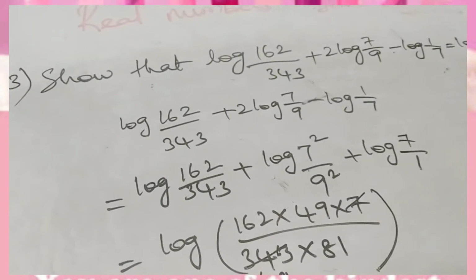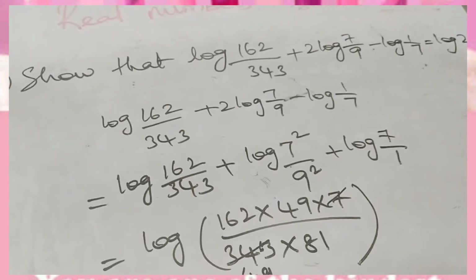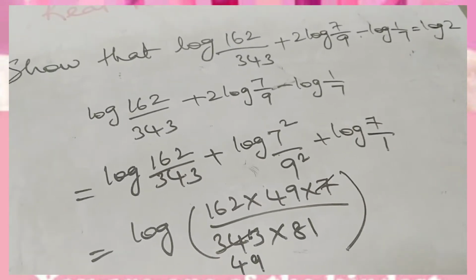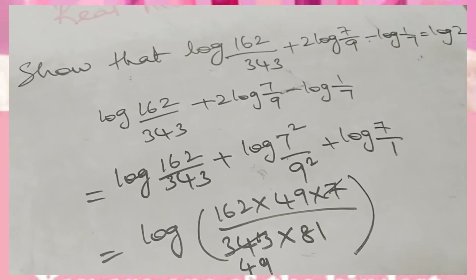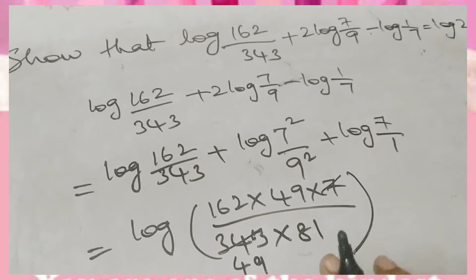Now the third question is: show that log 162/343 + 2 log 7/9 − log 1/7 = log 2. There is a short method of doing this.